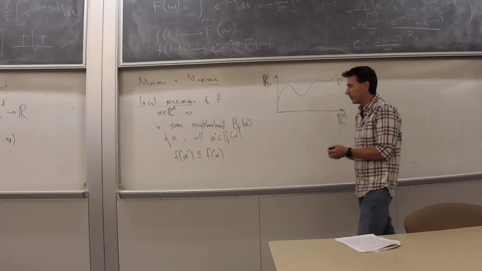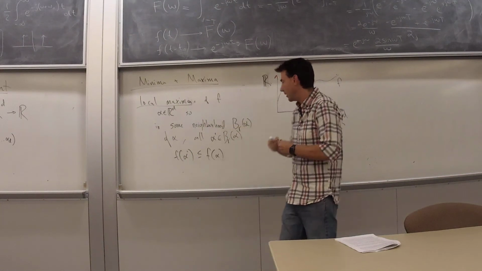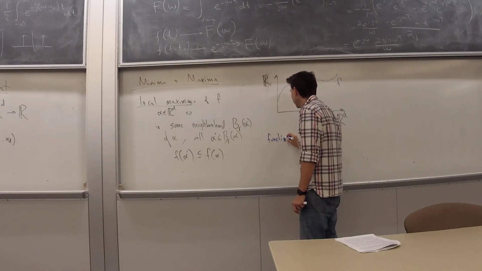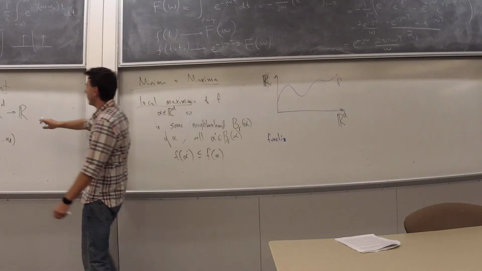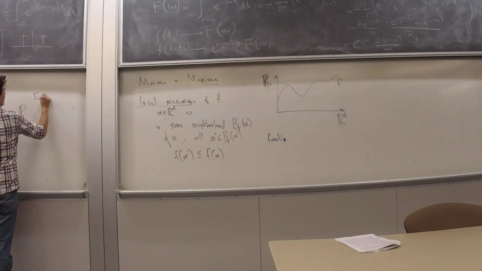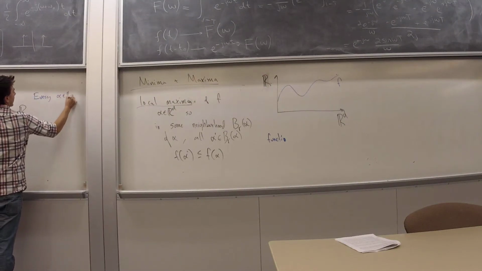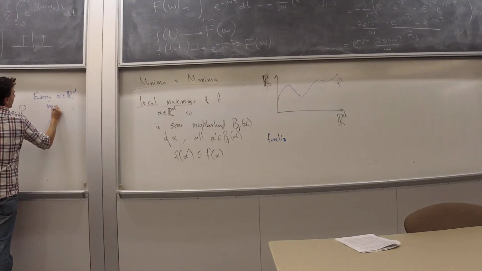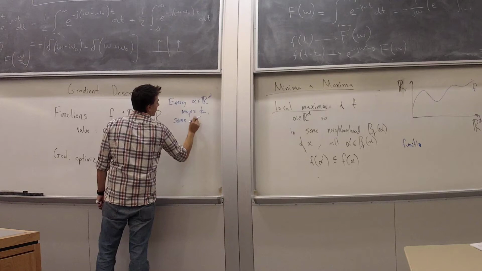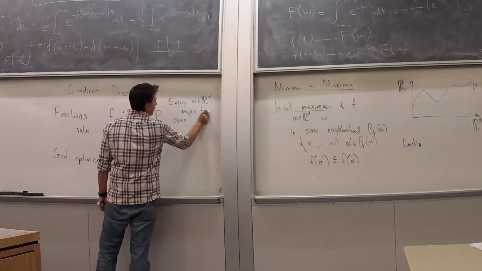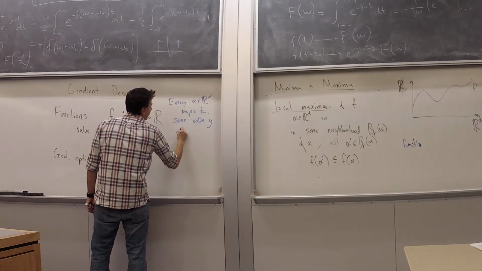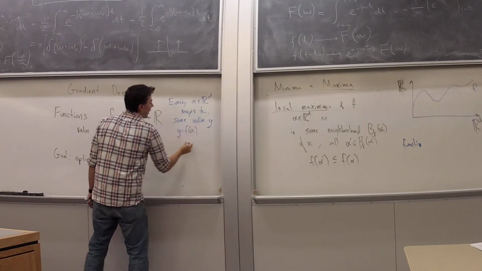Maybe it's worth saying this notation here means every alpha in R^d maps to some value y, where y equals f of alpha.